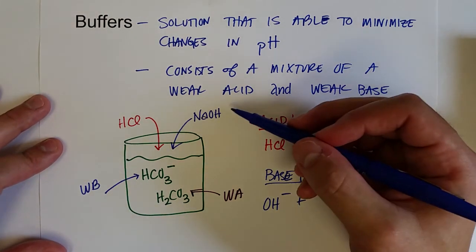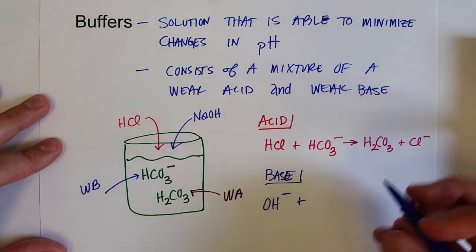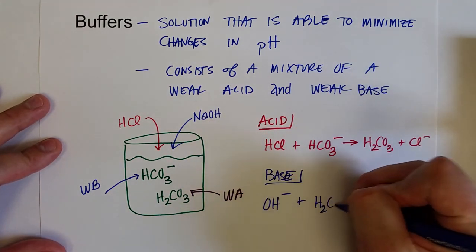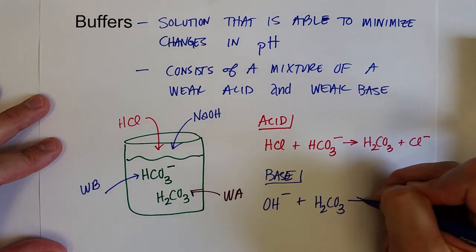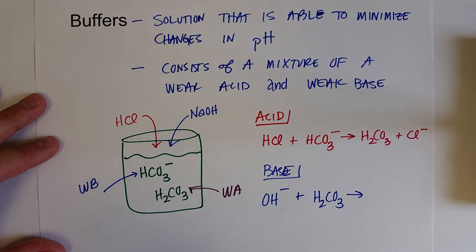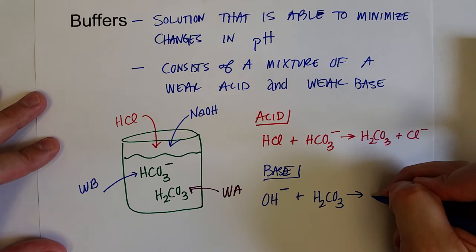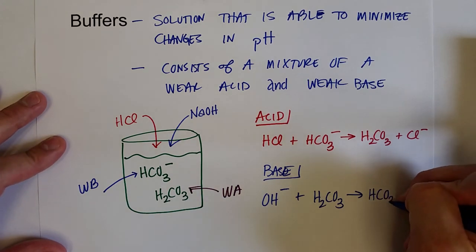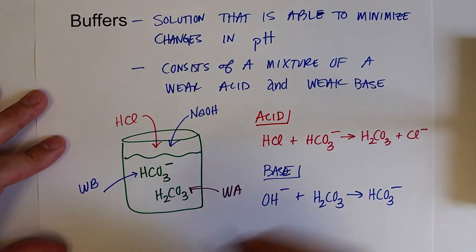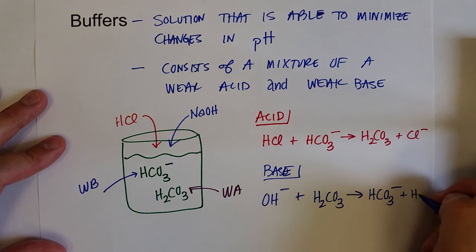What is going to neutralize the hydroxide? Well, of course, we've got carbonic acid in the solution, which can neutralize the hydroxide. The hydroxide will accept a proton from carbonic acid to make hydrogen carbonate plus water.